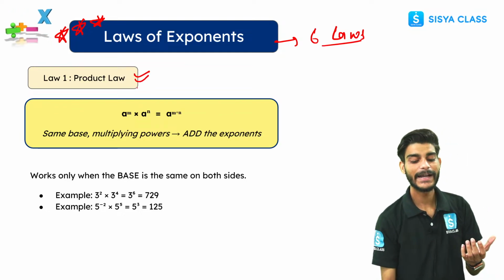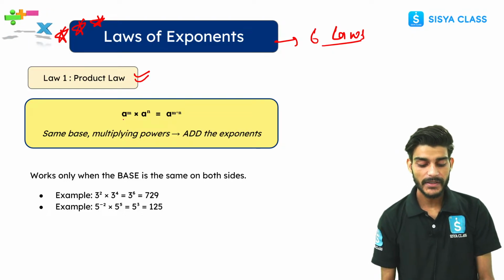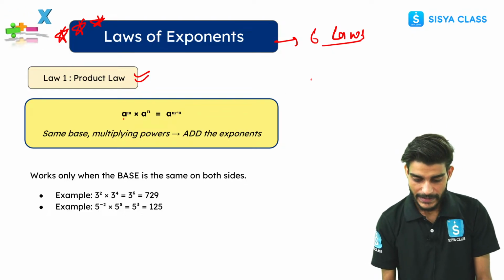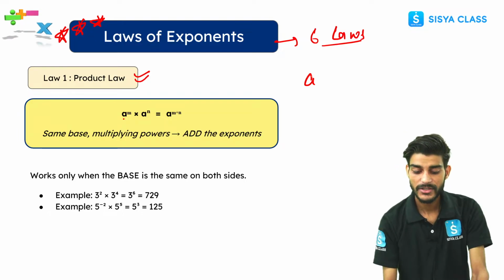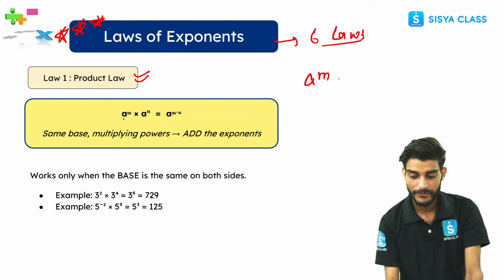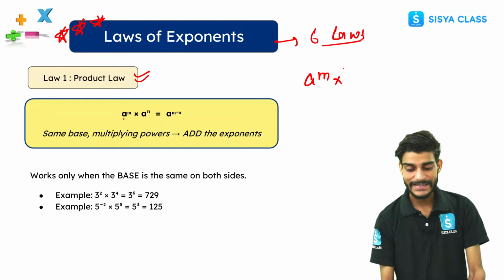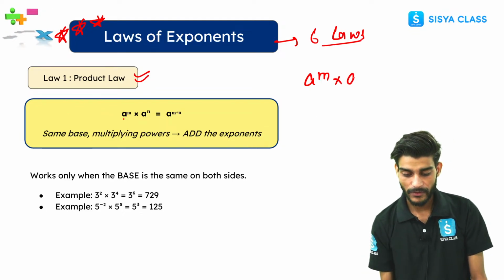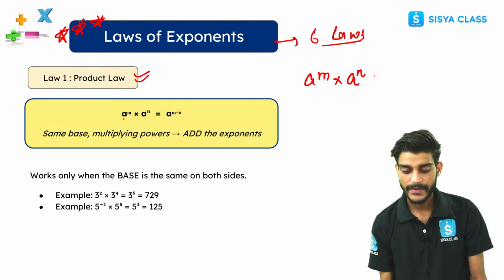Product law says that if we have a number, let's say a, raised to some power m, and we have another number with the same base, that is a only, but the power is different.